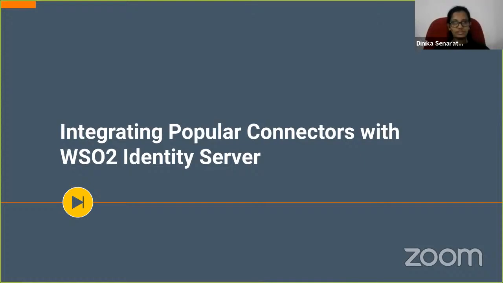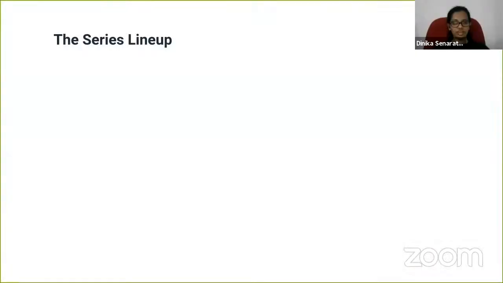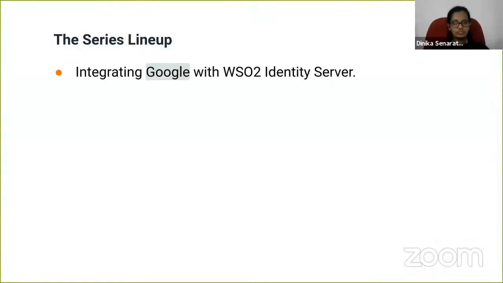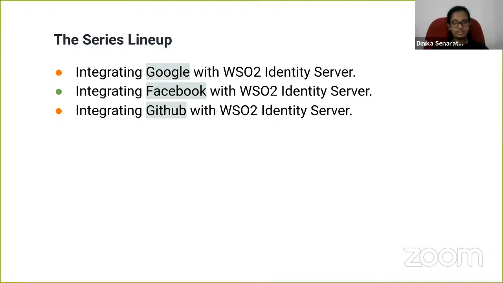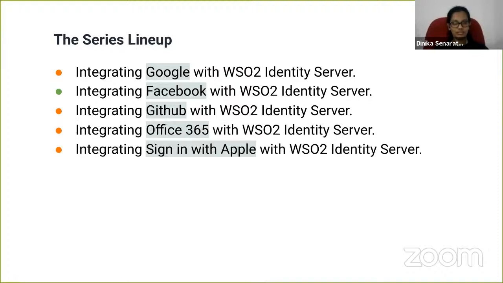If we look at the series lineup, we have arranged multiple sessions about integrating different connectors with WSO2 Identity Server. The first episode was about integrating Google, and today's session is about integrating Facebook.